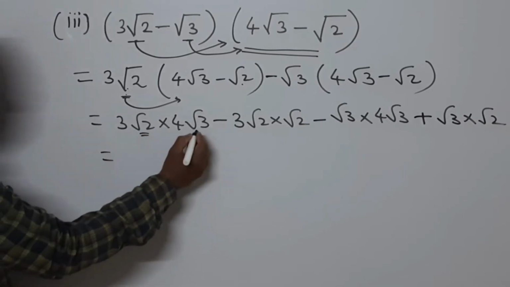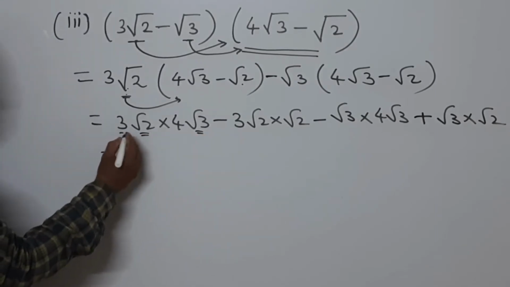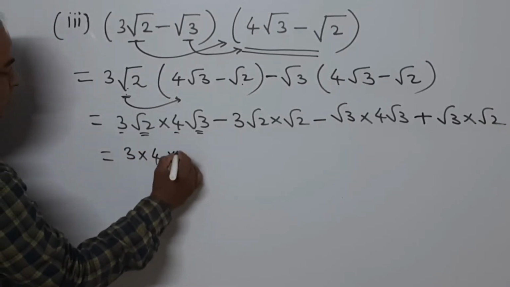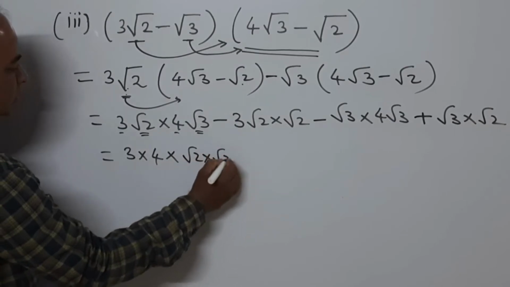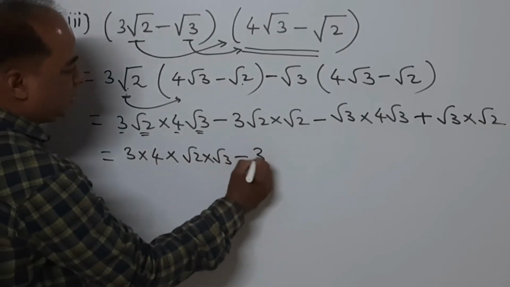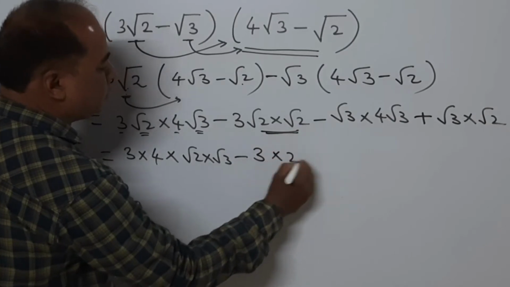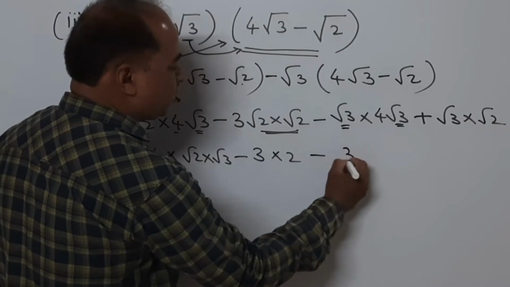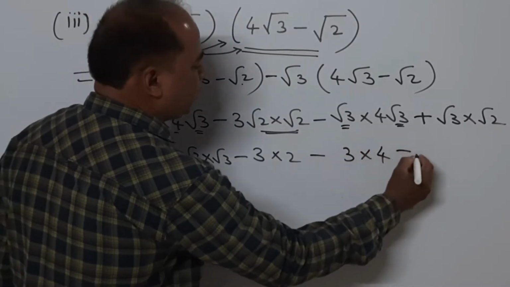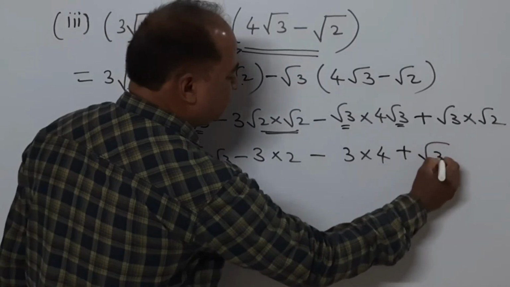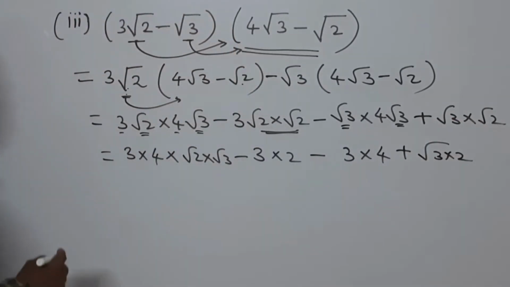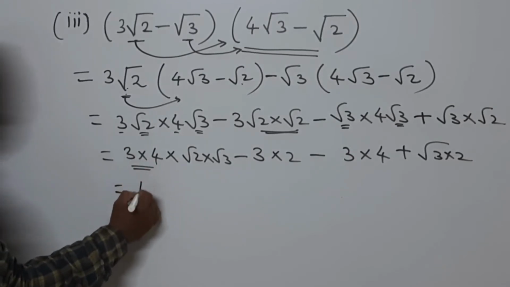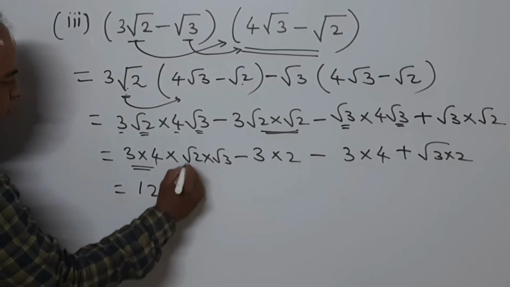Now multiplying the surds separately and the numbers separately, 3 into 4 into root 2 into root 3, minus 3 root 2 into root 2 is 3 into 2, minus root 3 into root 3 is 3 into 4, plus root 3 into root 2.